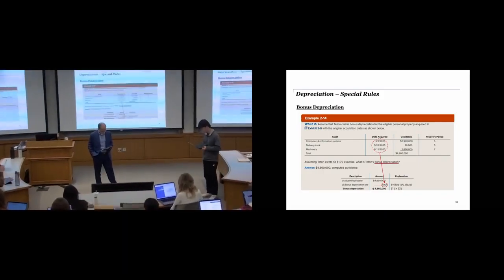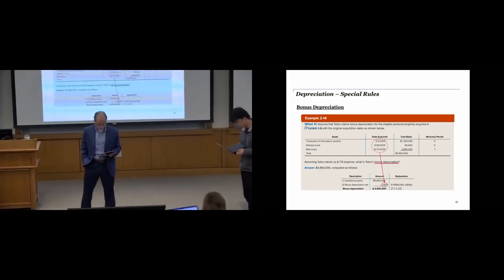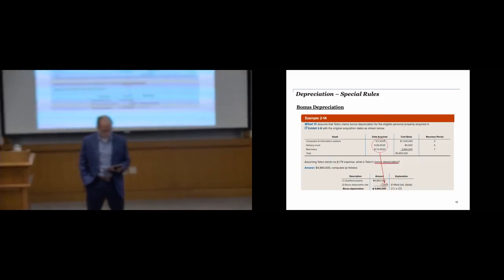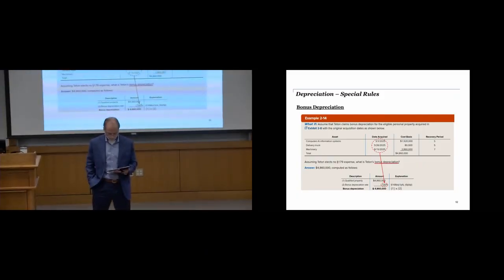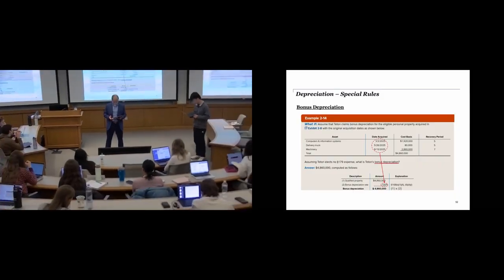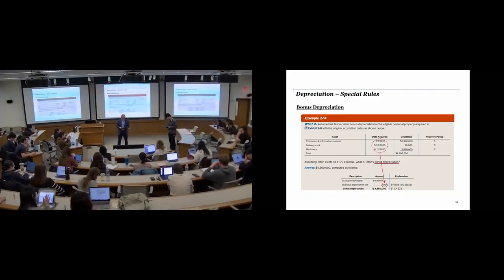Then we use the 2,500K minus the 3,000 maximum expense, so the answer is 1,640K.